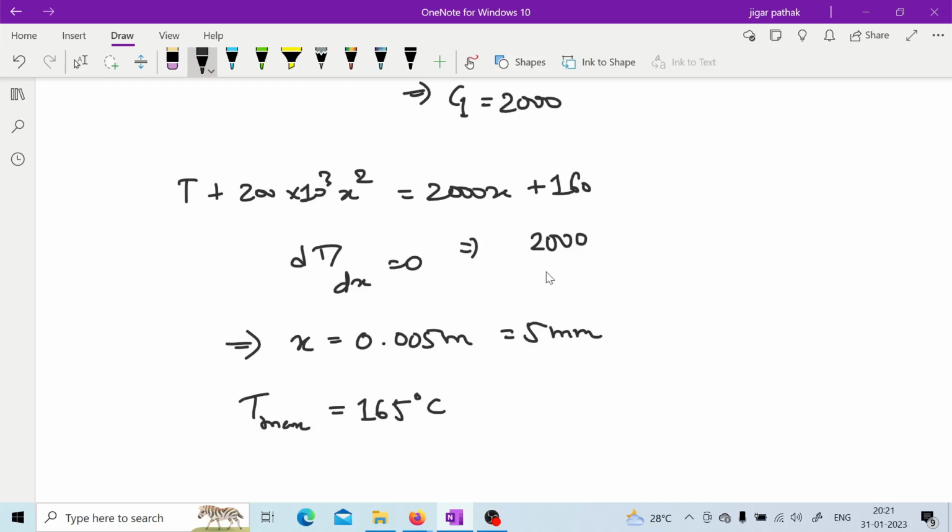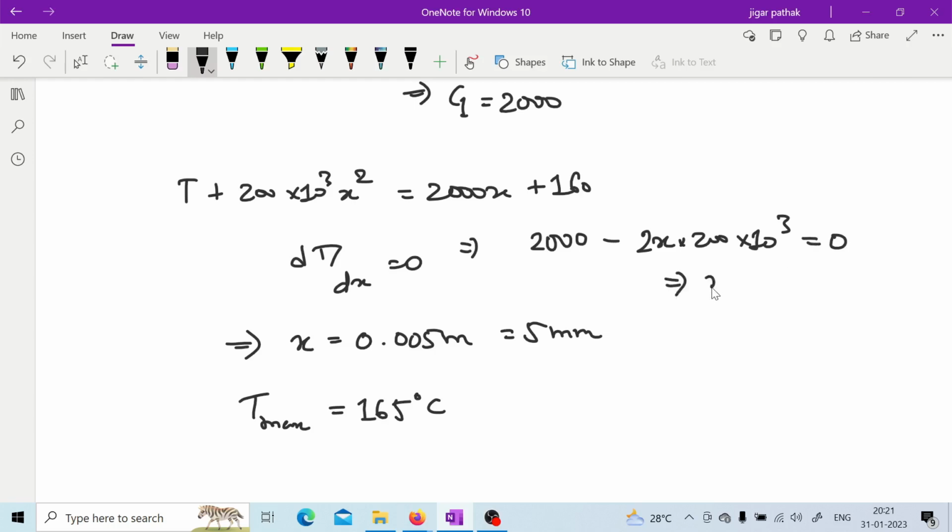Here, 2000 minus 2x into 200 into 10 raised to 3 equals 0.